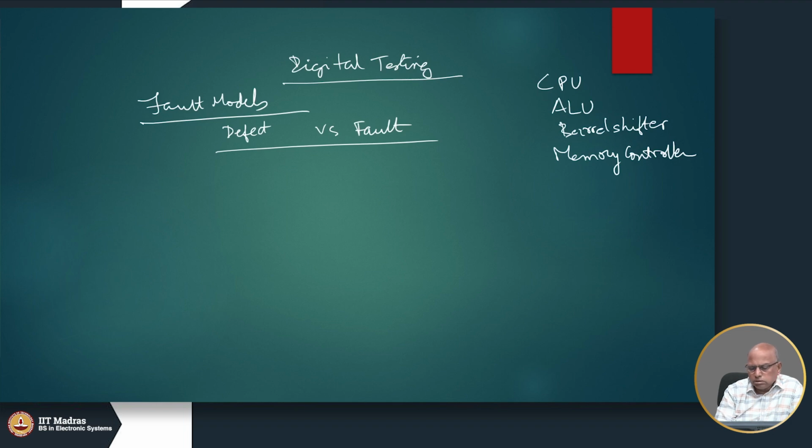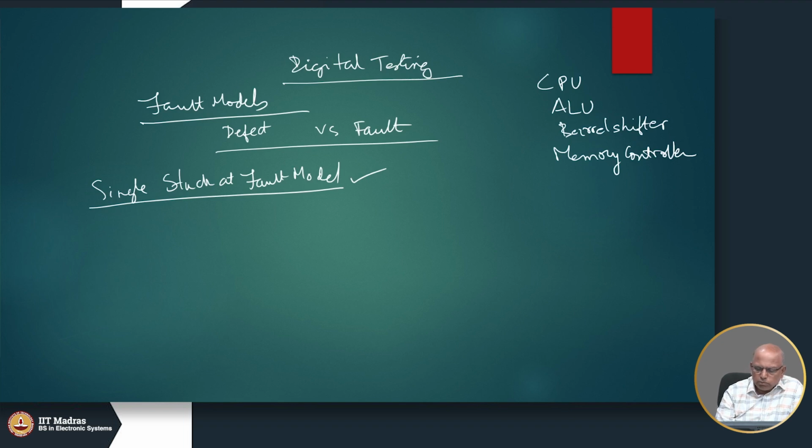Whereas fault is a manifestation of the defect, it affects the logic. And the fault model that we looked at is the stuck at fault model. In particular the single stuck at fault model. So we have already looked at this.